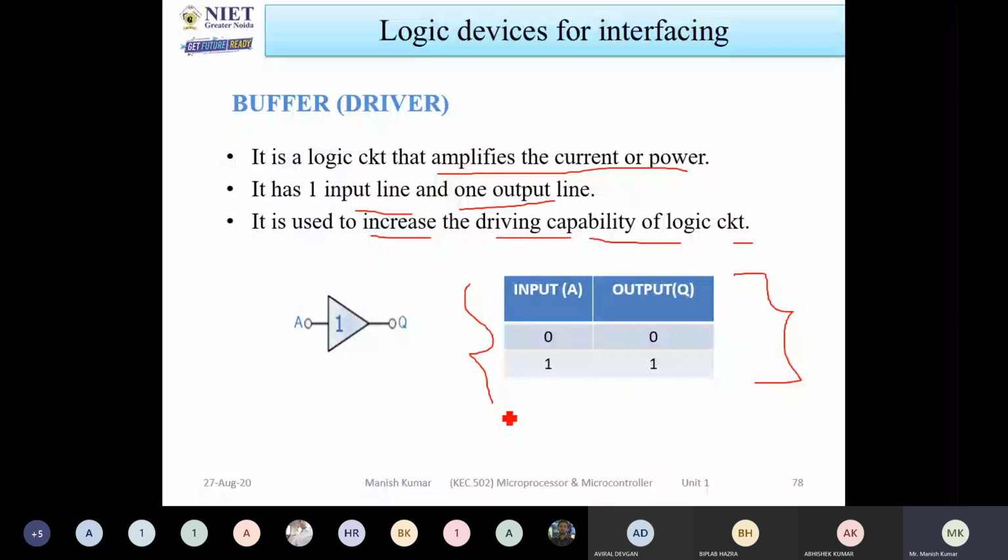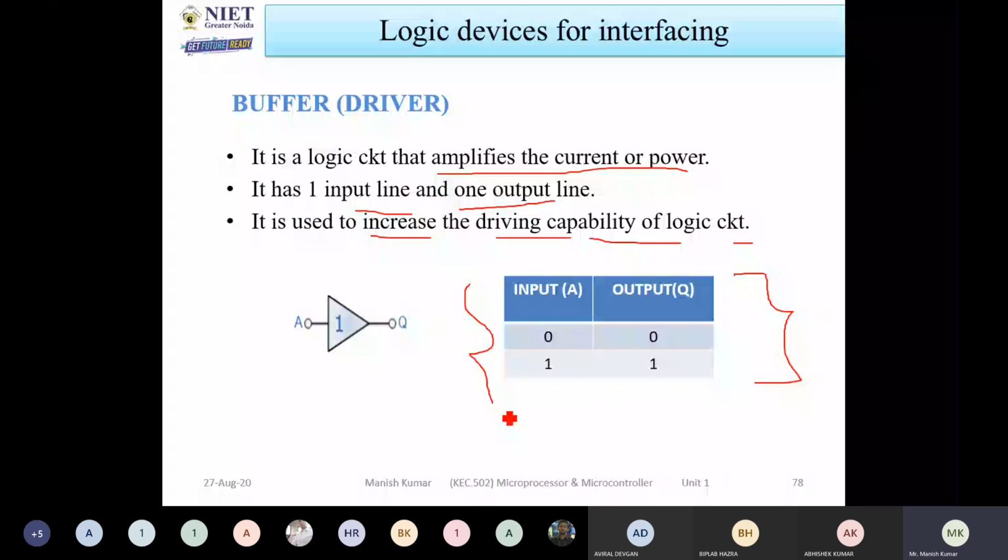Okay. So with the help of buffer, you can utilize the maximum output. How? Whatever data comes after operations, you are storing in that particular buffer.